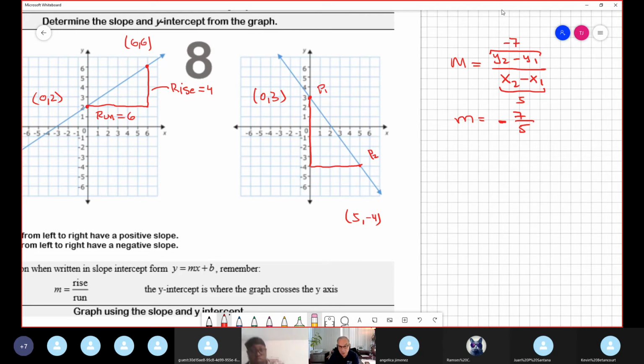Okay, suppose you are doing it mathematically, not graphically. Let's do it. This is x1, y1. This is x2, y2.